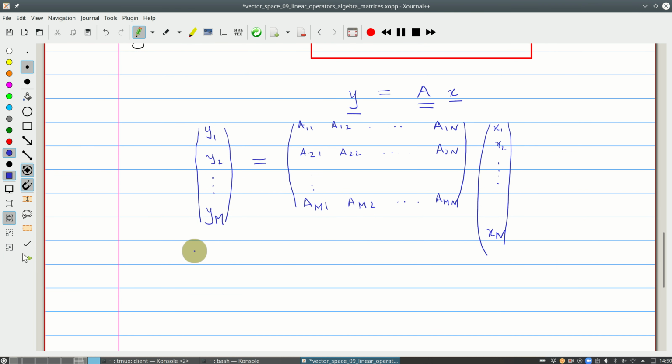So this is a dimension m vector. This here is a dimension n vector, and this matrix has dimensions, it's rows by columns, so there are m rows and n columns.